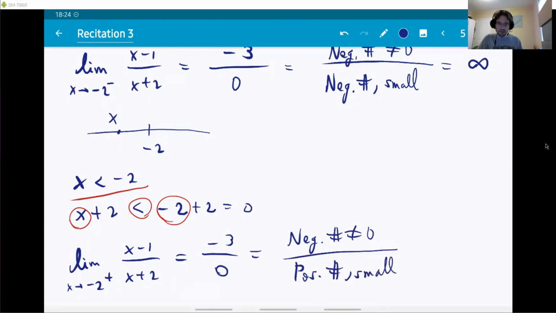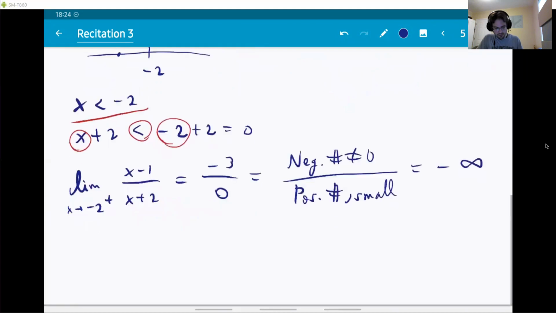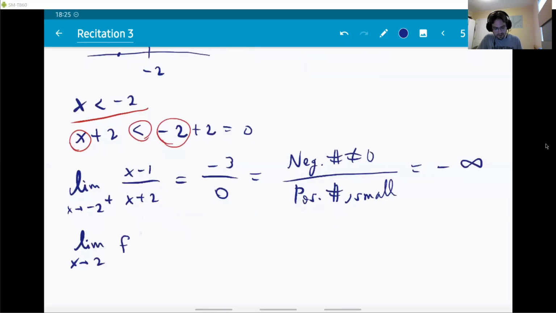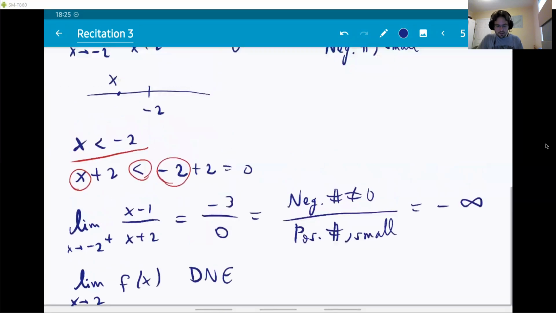So if you do x plus 2, you fall on the right side of 0. You fall on the positive numbers. And negative over positive is minus. So the limit at -2, let me write f of x for simplicity, does not exist. All right, this was item A.